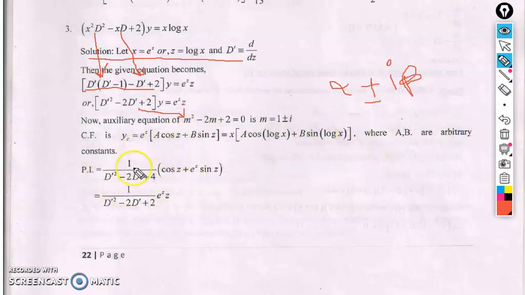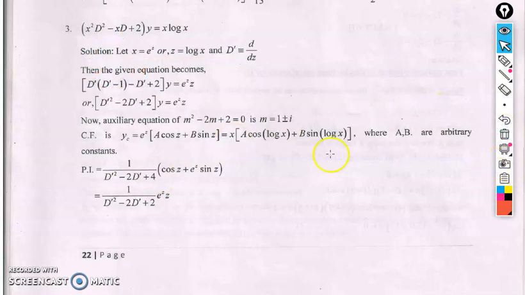Next we find the PI, the particular integral. This one becomes d dash squared minus 2d dash plus 2, because this is the function of d dash, and the right hand side becomes e to the power z into z.